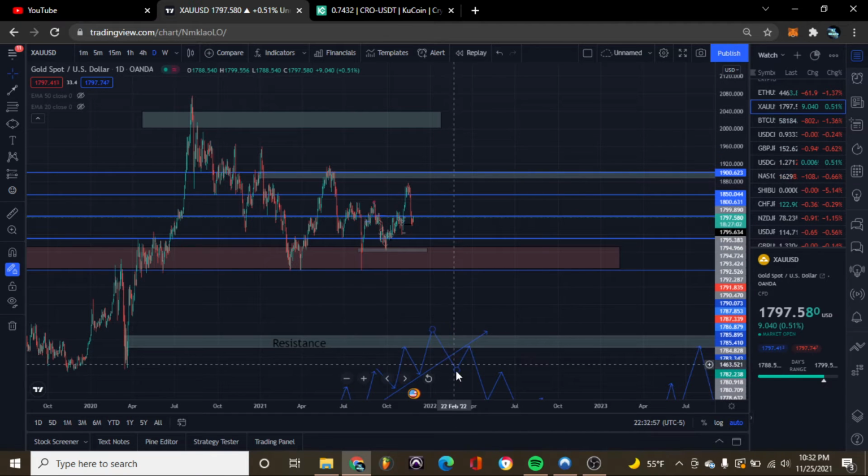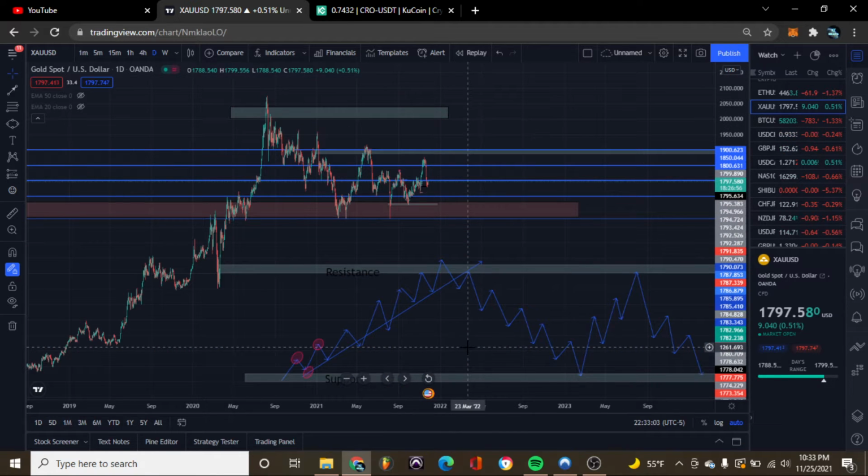It goes down, breaks the trend line, and retraces. And then what does it do? It breaks structure. So what is breaking structure? Breaking structure is price going past the last higher low. So you know what I was talking about.